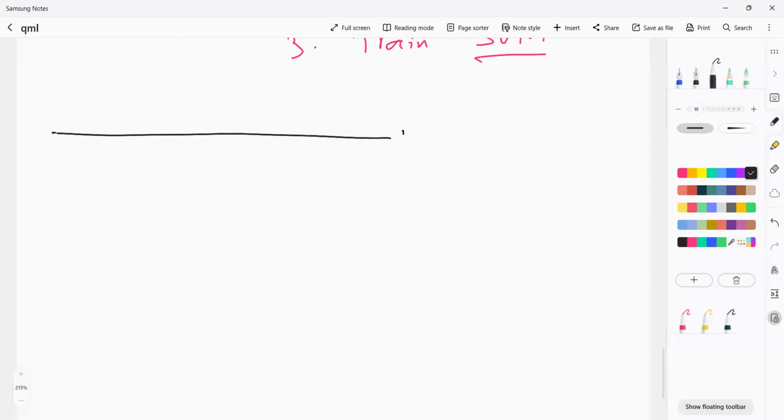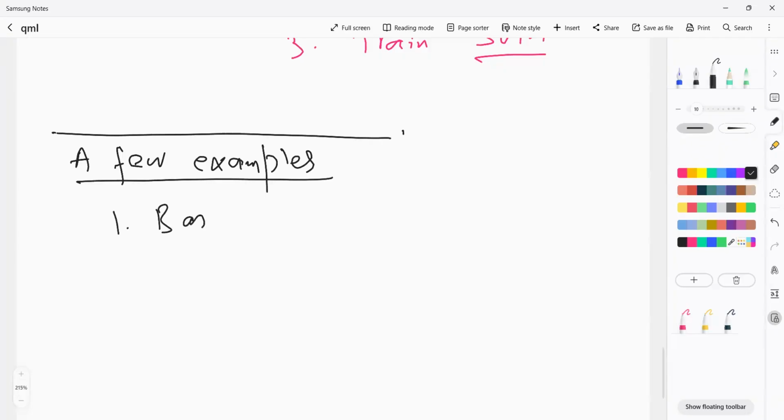All right, so let's now take a few examples of quantum feature maps, just a quick look before we go through the code. Suppose we take basis encoding.